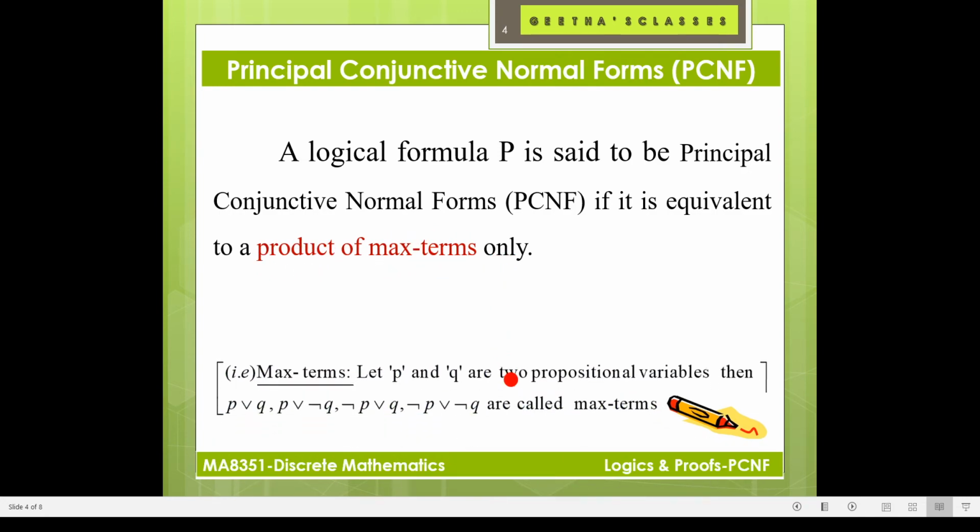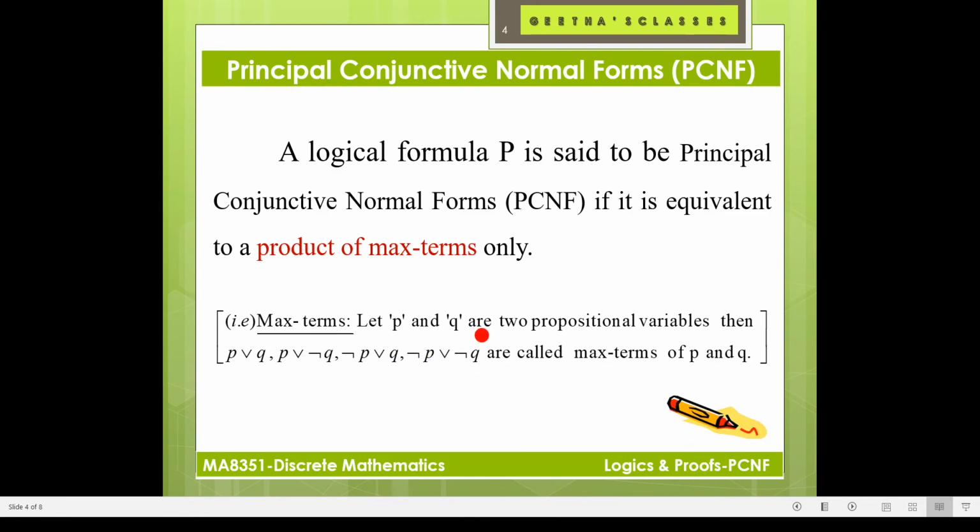Max terms are, let P and Q be two propositional variables, then P or Q, P or not Q, not P or Q, not P or not Q are called max terms of P and Q. So we can express a logical formula as a product of max terms, and then we call it PCNF.